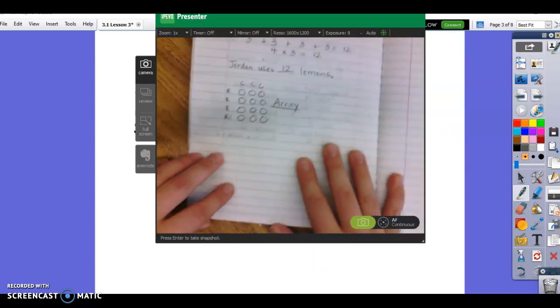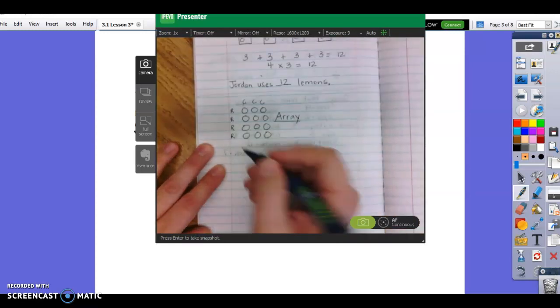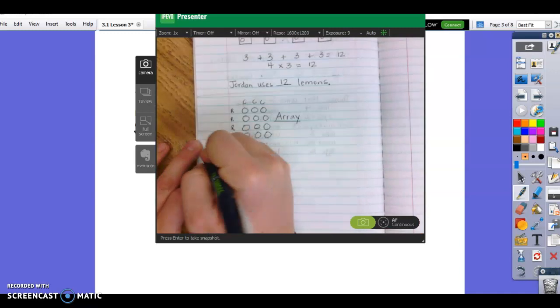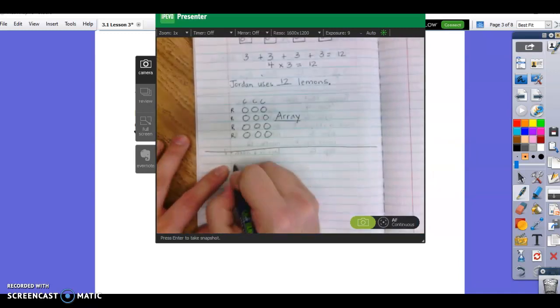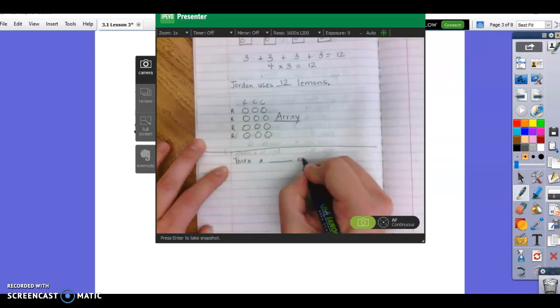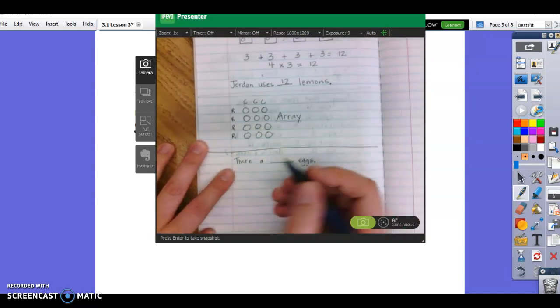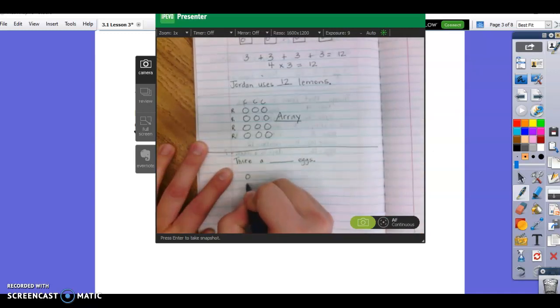Okay, so this is what we did yesterday. But we want to take this and turn it into a sentence. So I'm going to draw a line from where we left off yesterday. There are blank eggs. Okay? So we know that Robbie said that there are 2 rows. So let's draw an array.